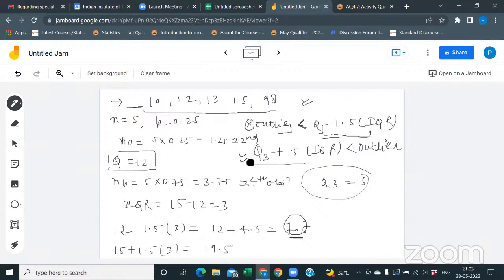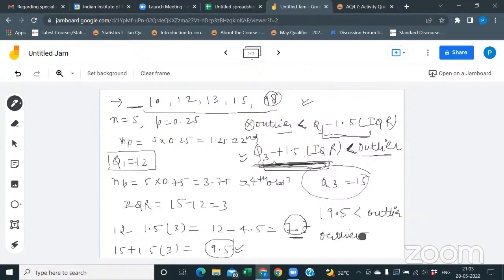Now check the other condition. The value of Q3 plus 1.5 IQR is 19.5. An outlier should be greater than this value. So is there any value greater than 19.5? Yes, 98. So your outlier is 98.